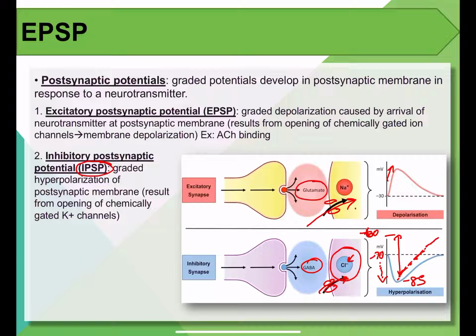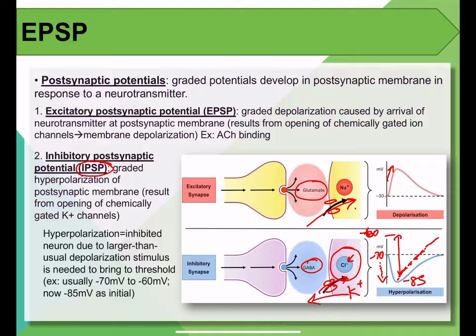Okay, and in that sense, you have potassium now going outwards from the cell, and that can also result in a more negative membrane potential to start with. And that's why that is also another way an IPSP can happen. And that's what I was talking about earlier.